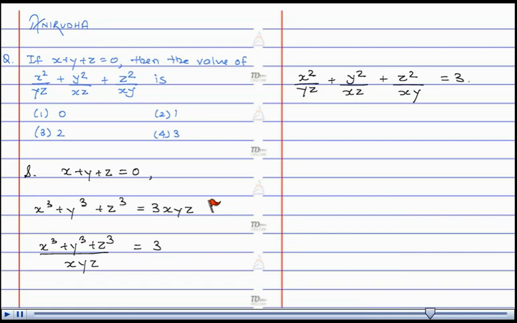This is the required value we have to find, and therefore our answer is option number 4.